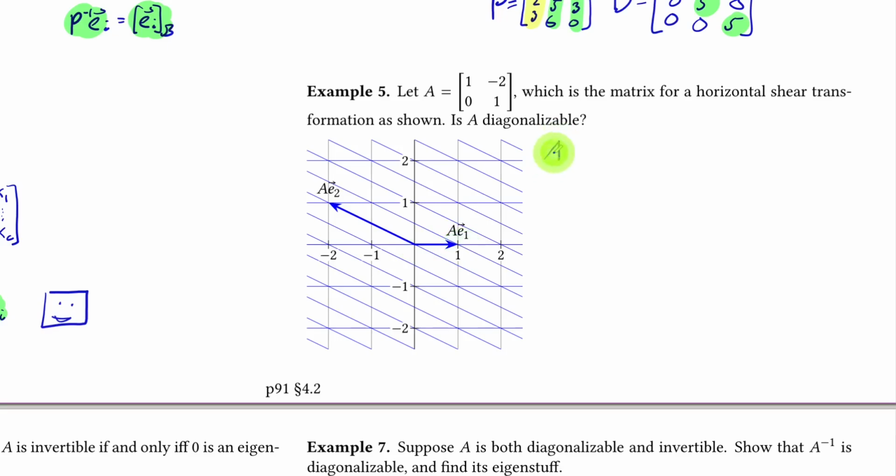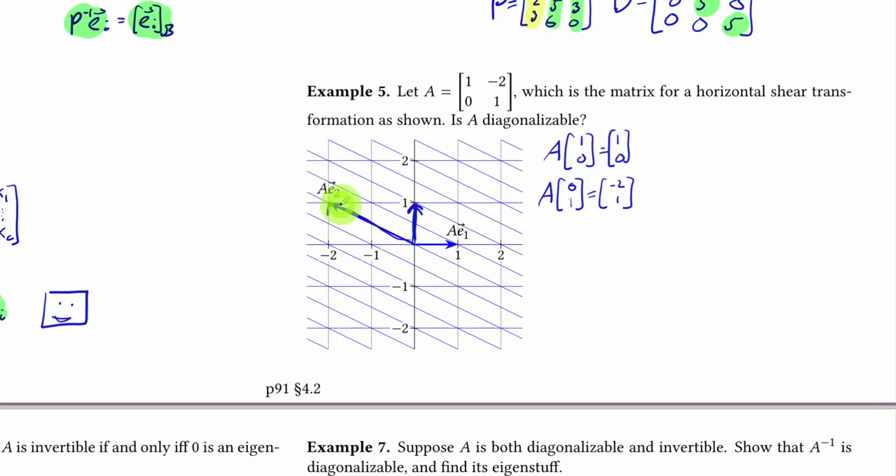You can check if you want that A times 1, 0 just gives you 1, 0. And A times e2, e2 being the vector 0, 1, is going to give you negative 2, 1, which is over here. Okay, so is A diagonalizable?